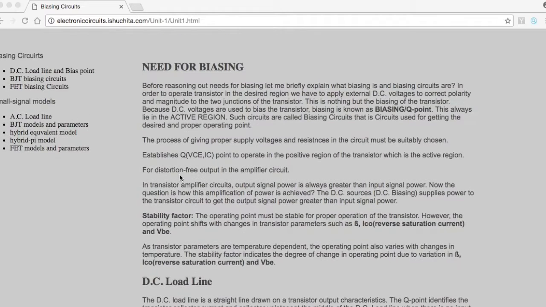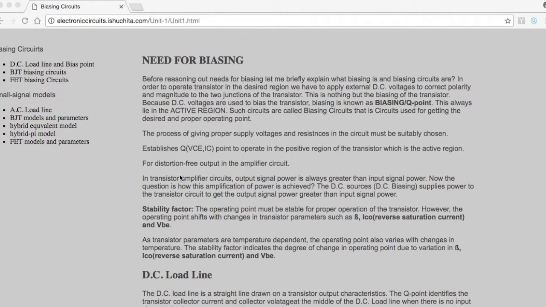Now I will talk about why we need biasing. So these are the key points. The process of giving proper supply voltage and resistances in the circuit must be suitably chosen.